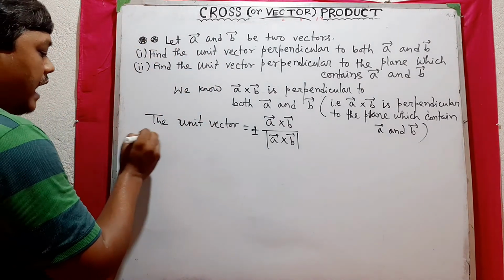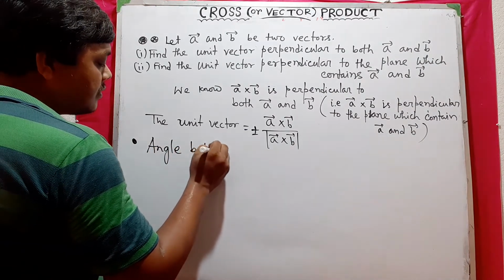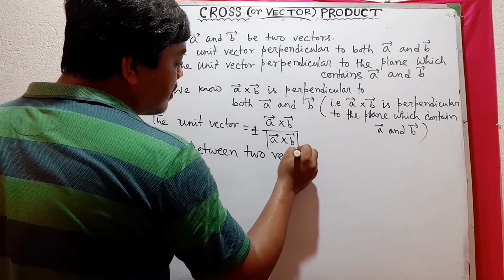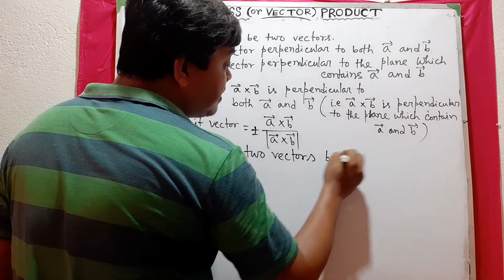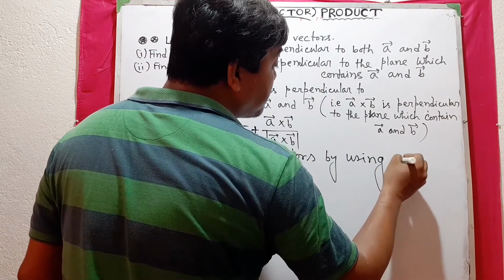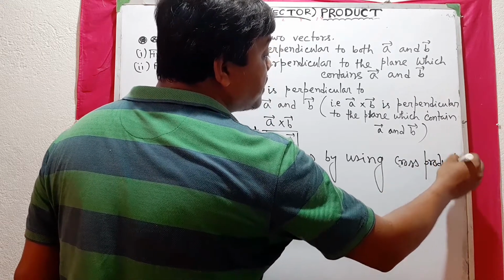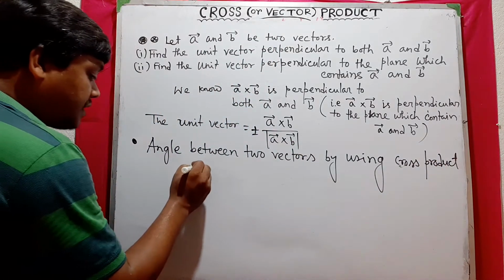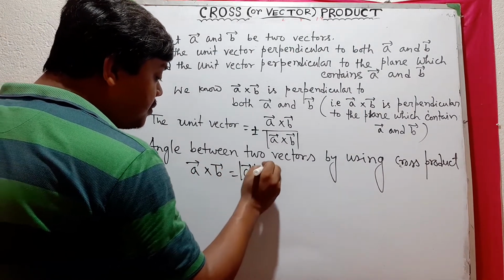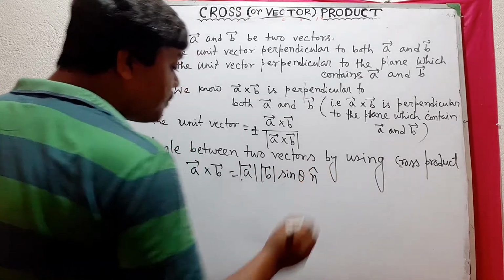So angle between two vectors কিভাবে বার করব, by using cross product। ডট প্রোডাক্ট দিয়ে আমরা জানি, কেউ যদি পরীক্ষায় তোমাকে মেনশন করে যে ক্রস প্রোডাক্ট দিয়েই তুমি অ্যাঙ্গেলটা বার করো, তাহলে তোমাকে ক্রস প্রোডাক্টটা জানতে হবে। সো হোয়াট ইজ দ্য ডেফিনিশন অফ A cross B? দ্যাট ইজ mod A mod B sin theta n cap.